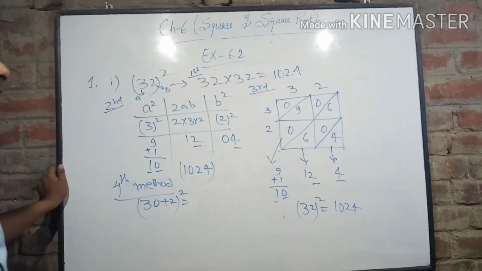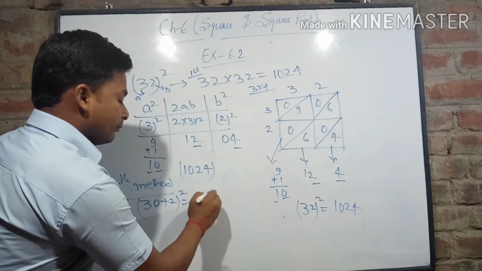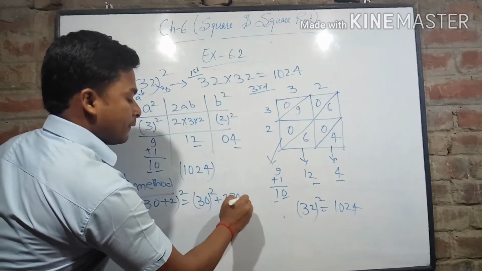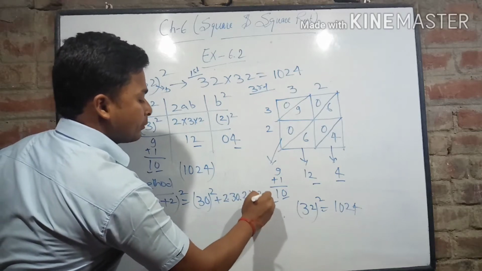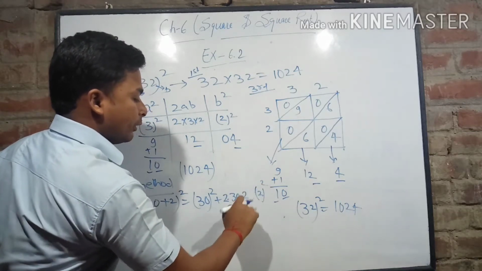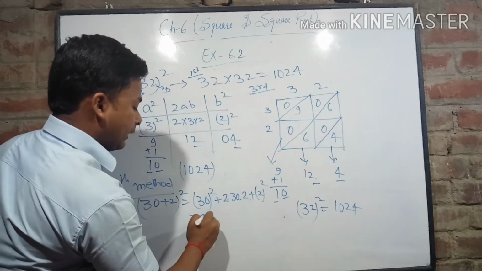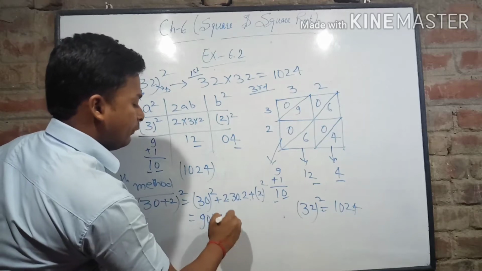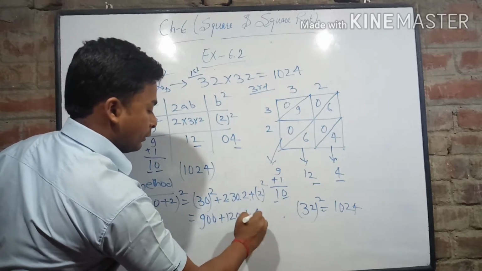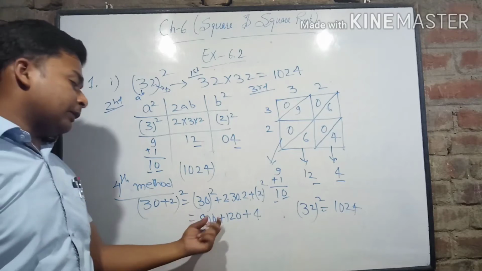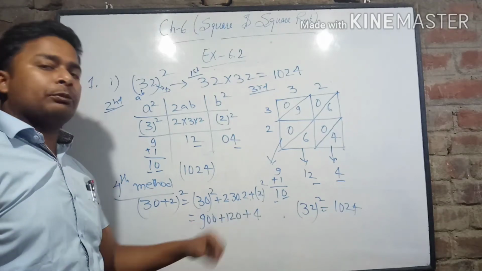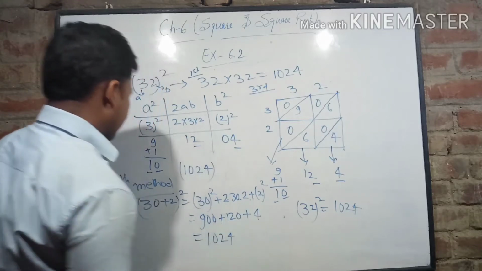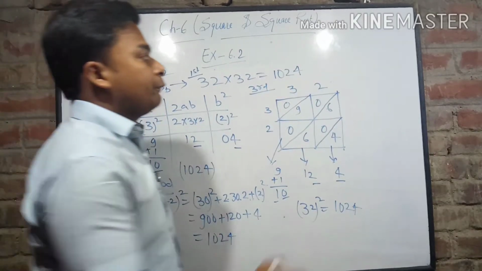Now it can be written as a square plus 2ab plus b square. Now my dear, it is 900, it is 120, and this is 4. Finally we will get the sum as 900 plus 100 is 1000, and 20 plus 4 is 1024. 1024, again the answer.